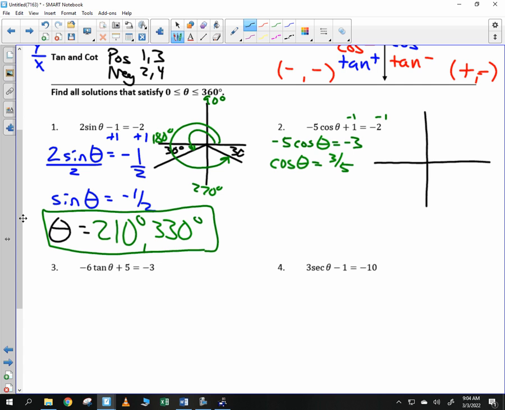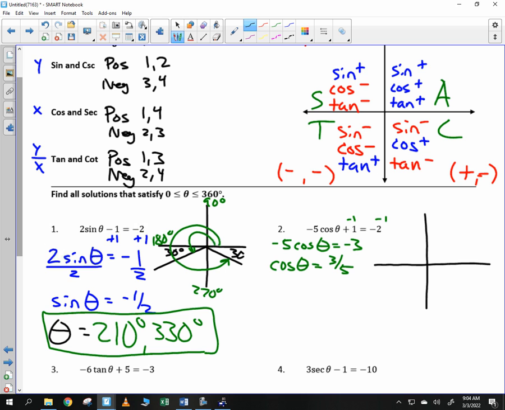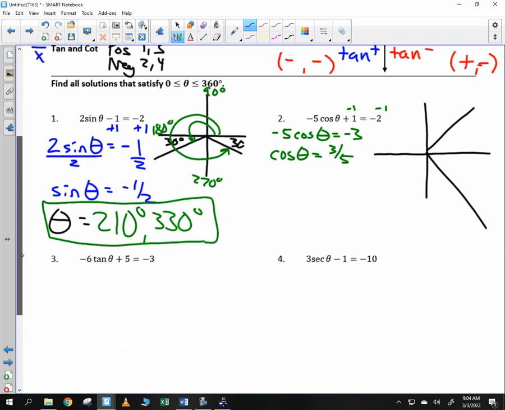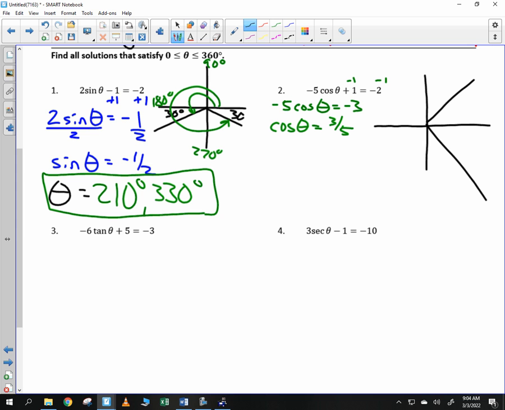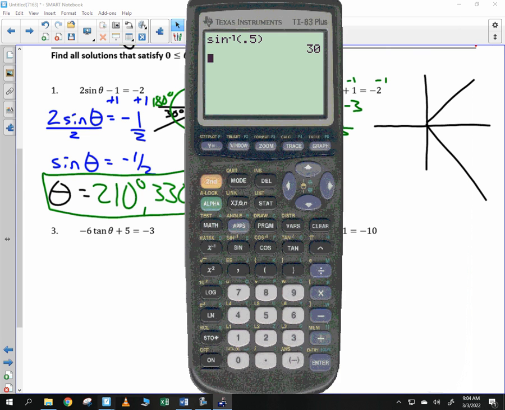Is cosine positive or is cosine negative? Cosine is positive. Where is cosine positive? Which quadrants? 1 and 4. So I draw an angle in 1 and an angle in 4. What do I do next? Good.